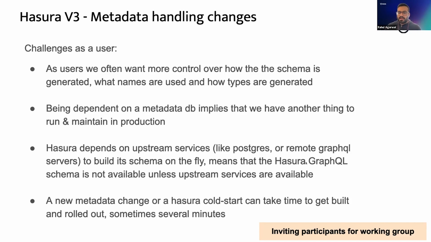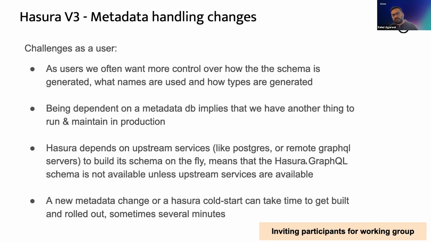Thirdly, Hasura right now depends on upstream services like Postgres or remote GraphQL services to build a GraphQL schema on the fly. This means that the Hasura GraphQL schema is not available unless the upstream services are available. Failure modes that you're not ready for sometimes really become a problem. And you need to run Hasura to get schemas. That usually gets you into a chicken and egg problem during iterative development with Hasura.